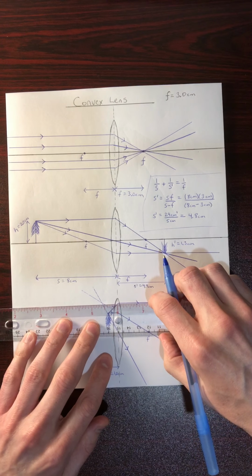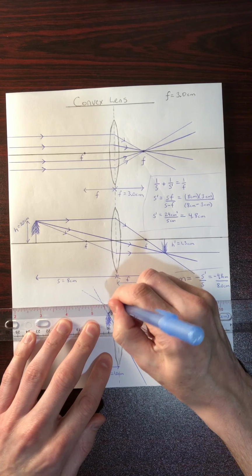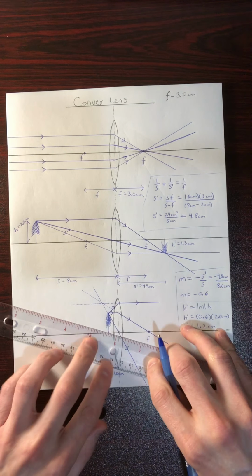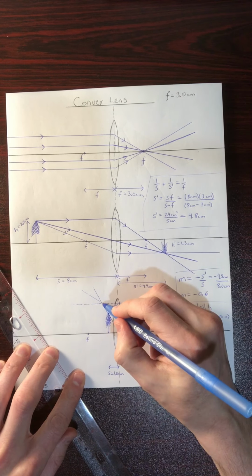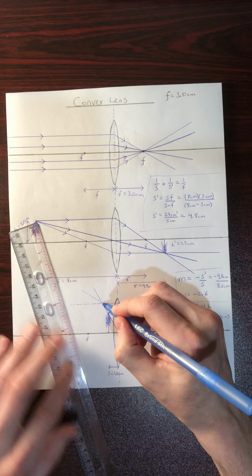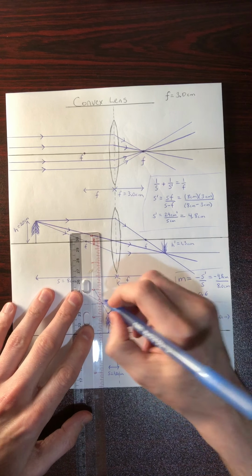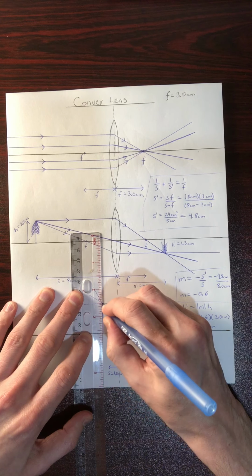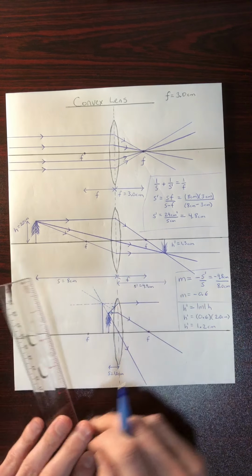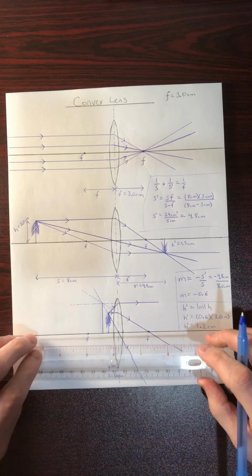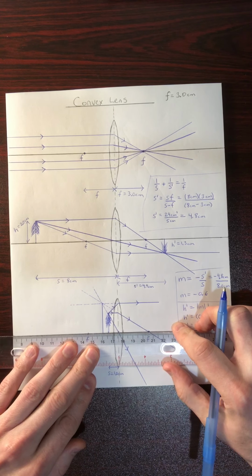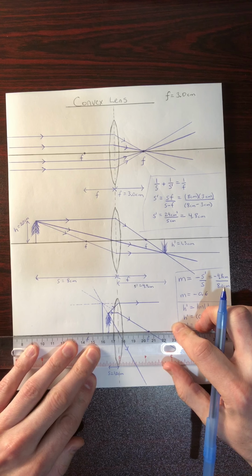And I'm going to trace this top one back. Okay, and what we see is we get convergence at this point. So I'm just going to draw this down to the axes and make a little measurement here of, okay, how far away is that from the middle of the lens?